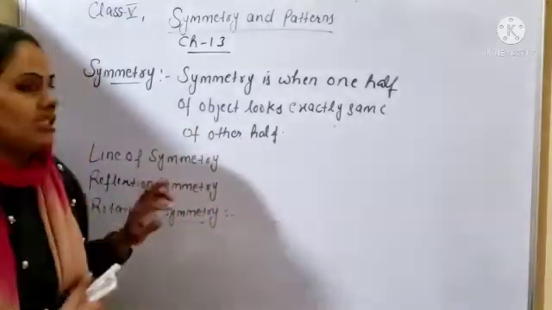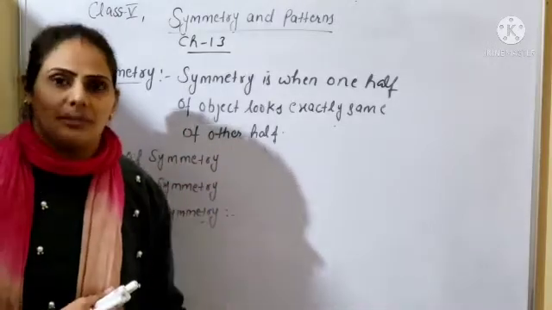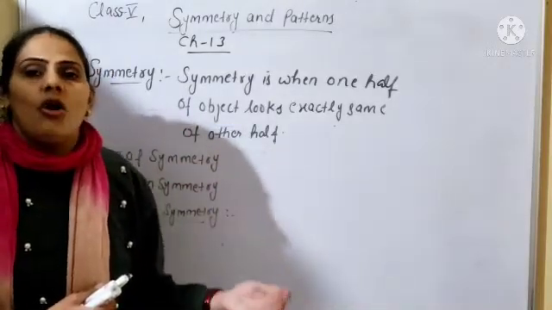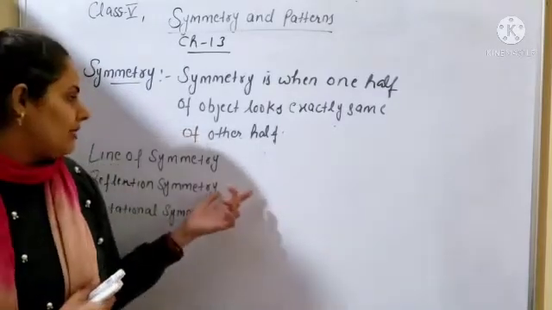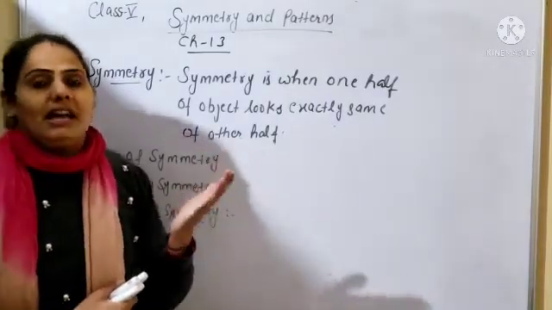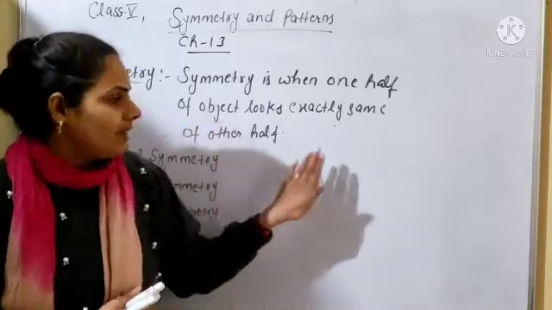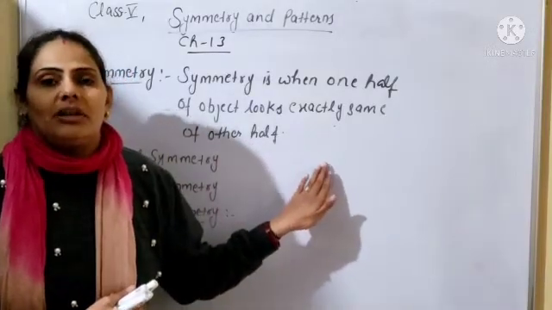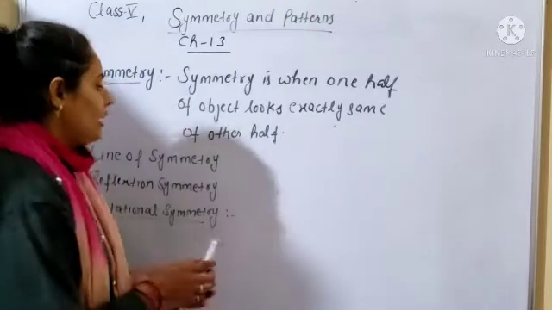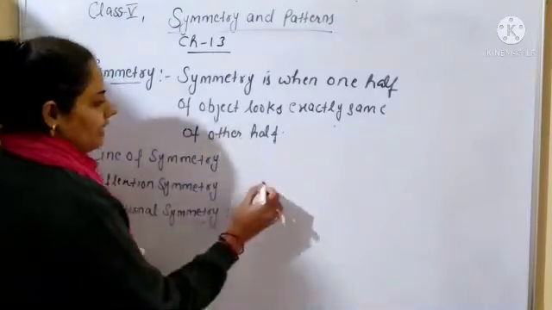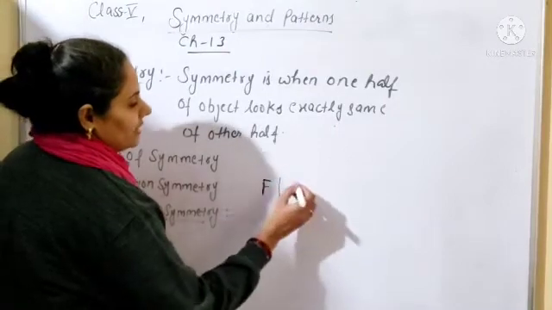After that, reflection symmetry means what the reflection image of any letter or object will be. This is called reflection symmetry. I have told you about some letters also. If you have the letter A and you take its mirror image, what will the reflection of A be? A will look like the same letter A. But when you reflect the letter F, it will look like this.